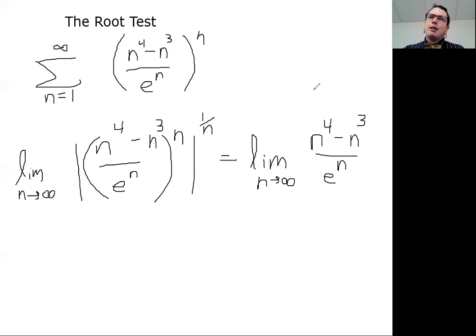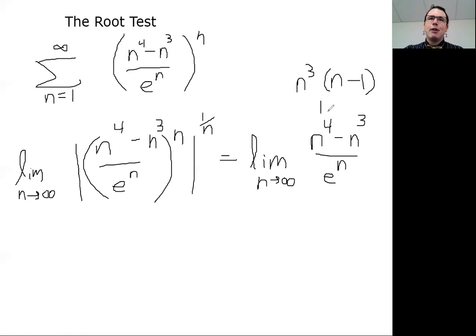So you might be reasonably concerned that this is my infinity minus infinity situation on the numerator. That is indeterminate. I need more context to understand what's going on. Well, I would suggest factoring this numerator.